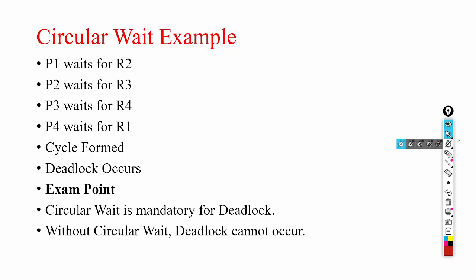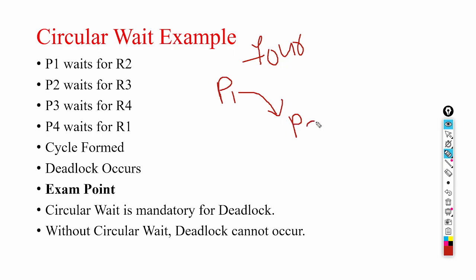One more example of circular wait. Consider there are four processes. P1 waits for a resource held by P2, and P2 waits for a resource held by P3, and P3 waits for a resource held by P4, and again P4 waits for a resource held by P1.